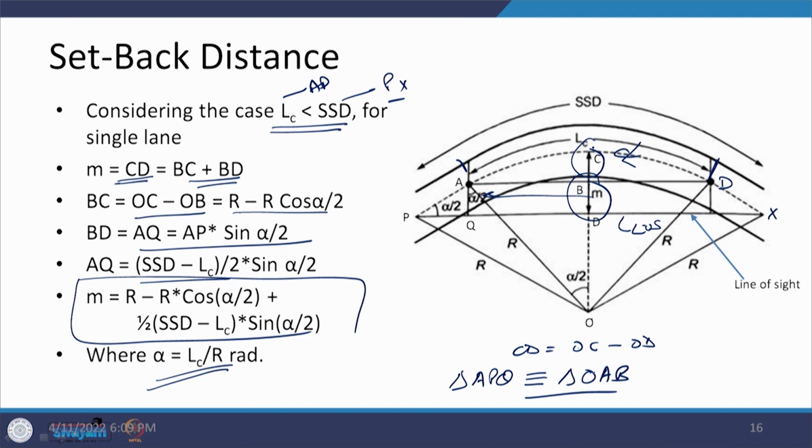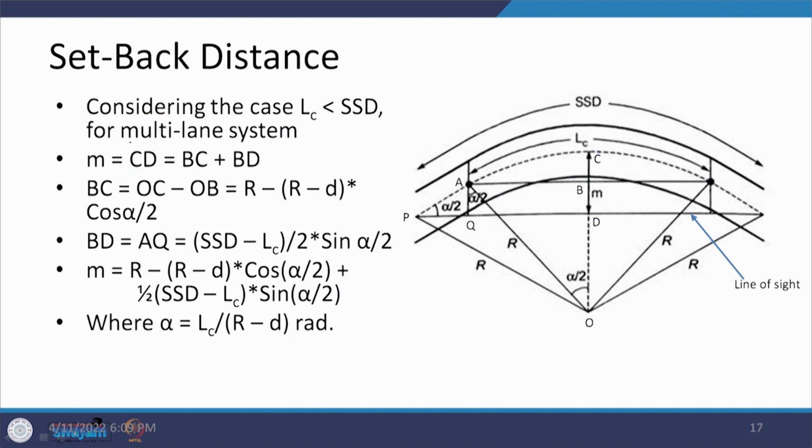Here R minus D will not be there because we are considering that this is a case of a single lane condition. But as soon as you move to the multi lane condition, then this alpha is going to change, and accordingly the changes will come in terms of R minus D as well as alpha, where alpha is LC divided by R minus D radians, which finally is going to be converted into degrees to use here in terms of cosines and sines.